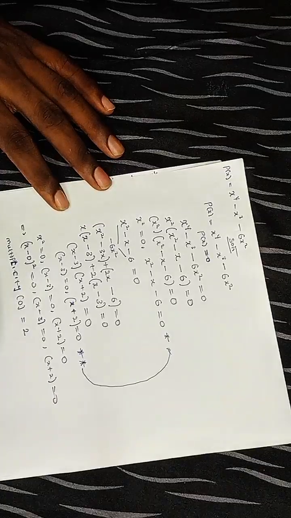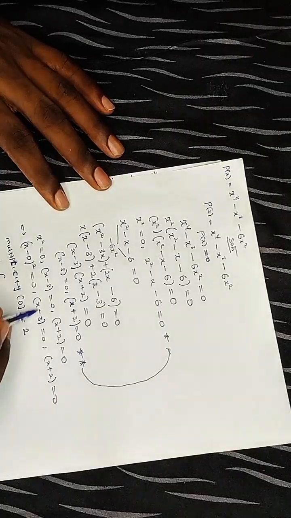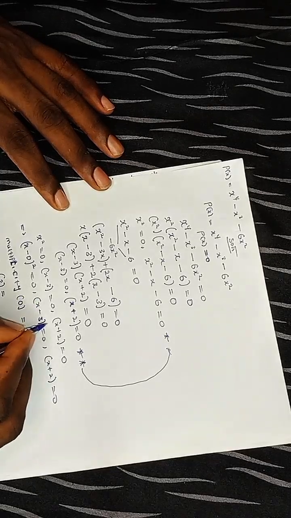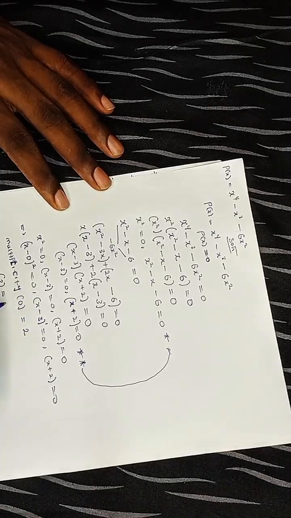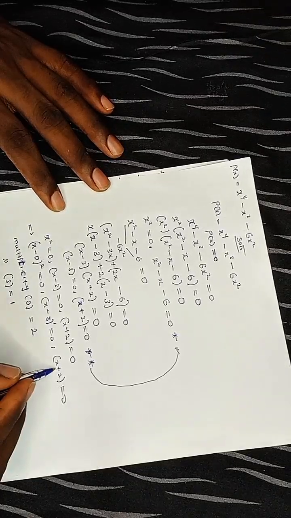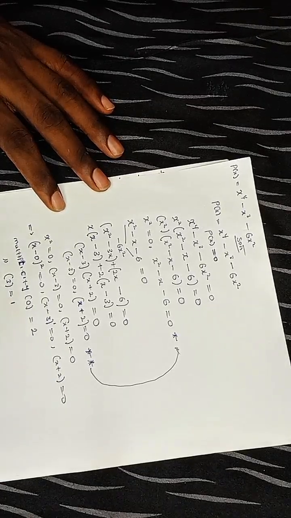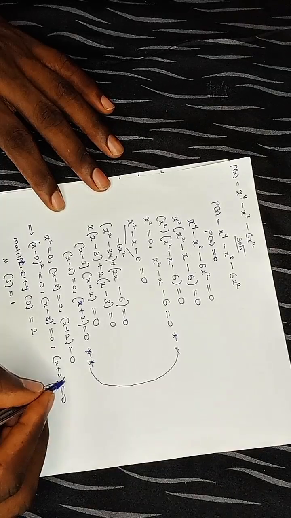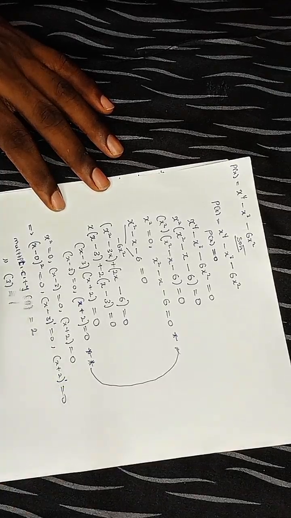What about the multiplicity of 3? Remember we have minus 3 here, so we check the power of this bracket. The power of this bracket is 1. So the multiplicity of 3 is 1. Now we have plus 2, so we are looking for the multiplicity of minus 2. The power of the bracket is 1, so the multiplicity of minus 2 is 1.